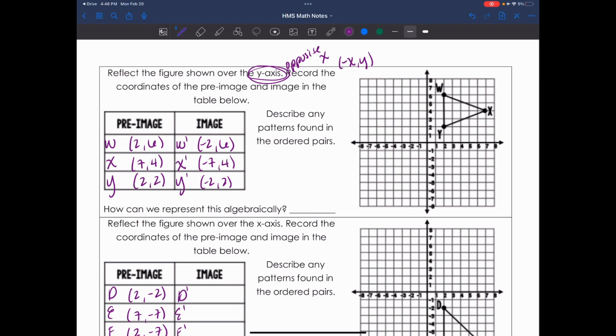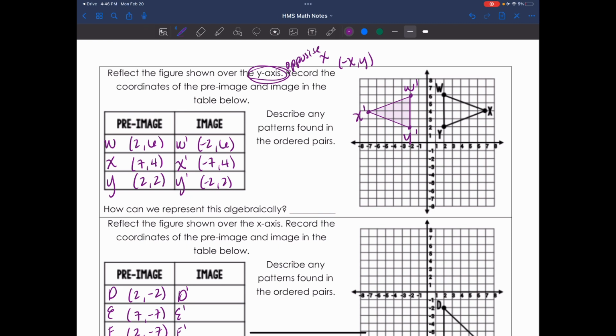So negative 2, 6, negative 7, 4, and negative 2, 2. Boom shakalaka. We've got W prime, Y prime, X prime.